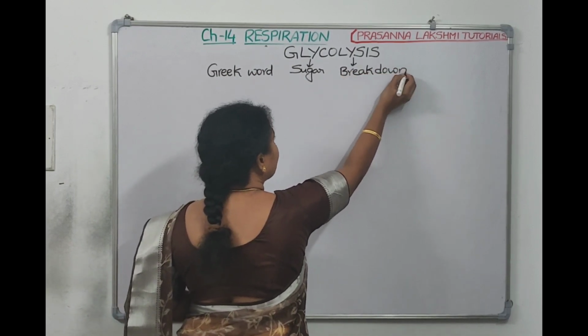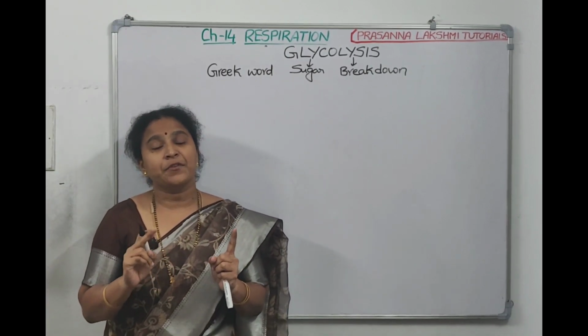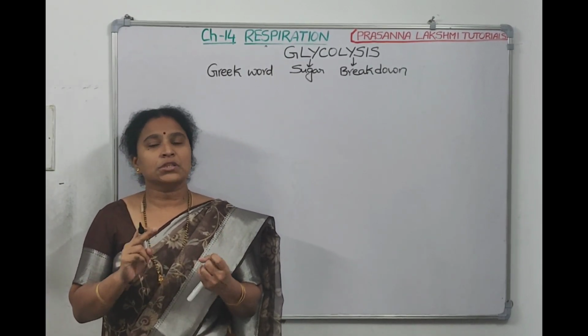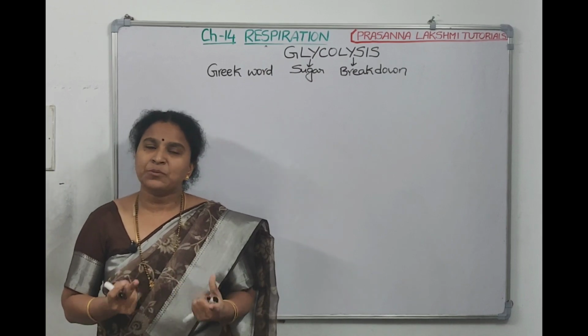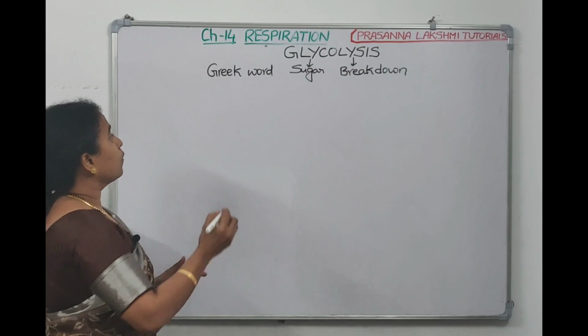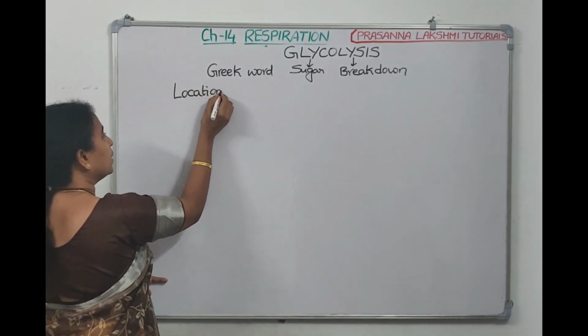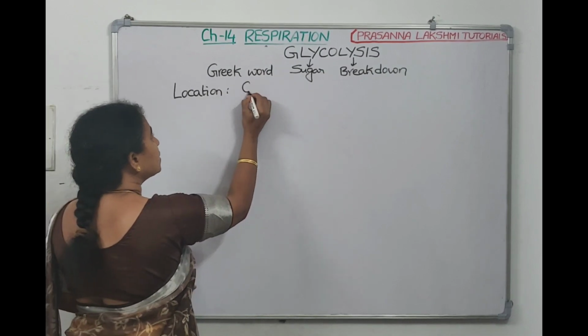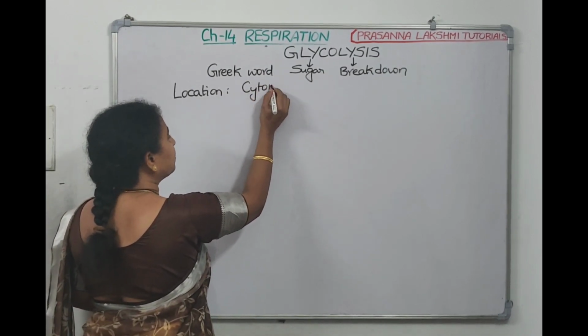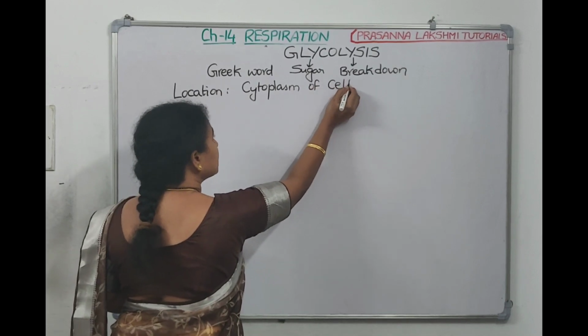I think we understood what is the meaning of glycolysis. It is derived from a Greek word. Glucose means sugar, lysis means breakdown or splitting up. And this glycolysis, where does it occur? Means location. It happens in the cytoplasm of the cell. It occurs in the cytoplasm of the cell.